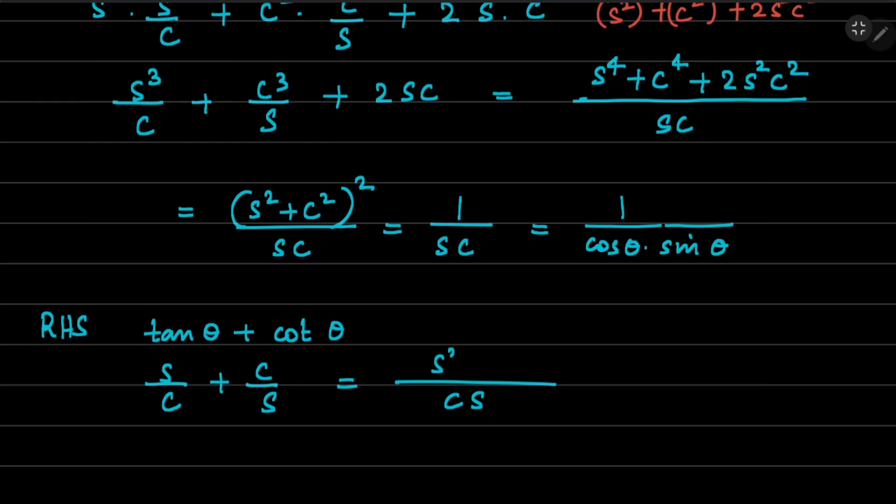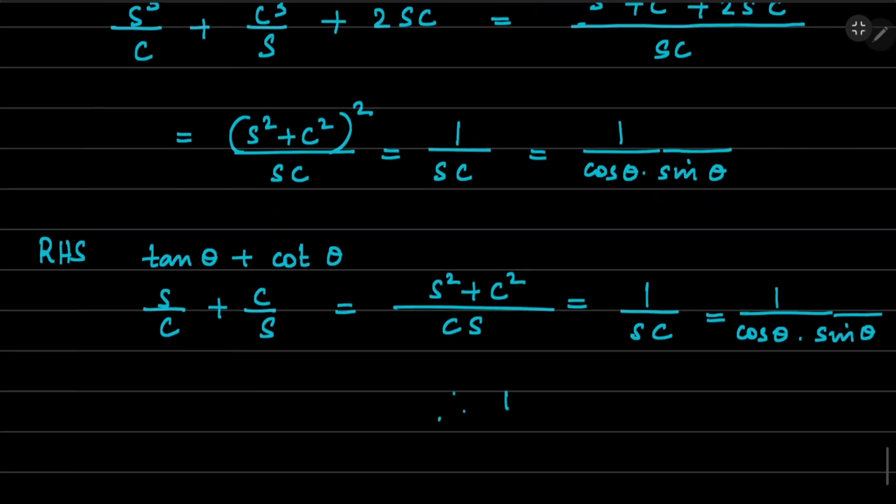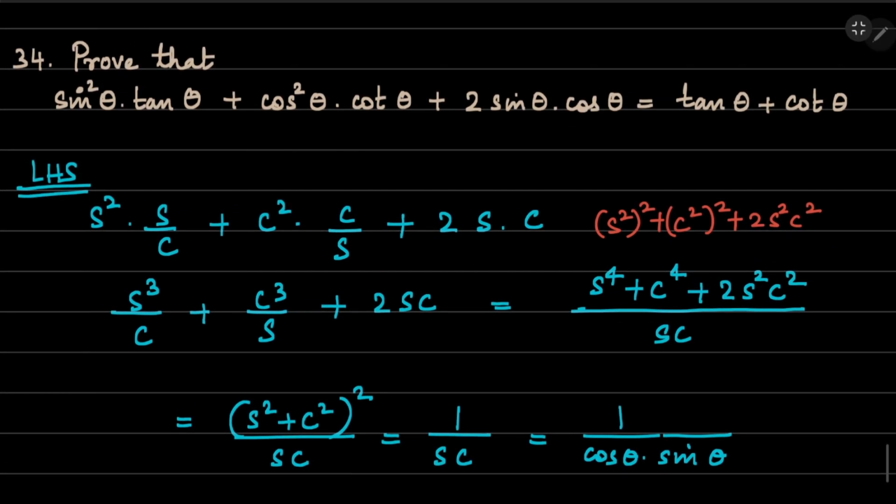It is sine cos, and the numerator is sine square plus cos square. This is nothing but again 1 over sine cos, cos into sine or sine into cos. This is also 1 over cos theta into sine theta. Therefore LHS equals RHS. That is all you have to prove. You just have to prove both the sides are equal, so you were just taking them separately.